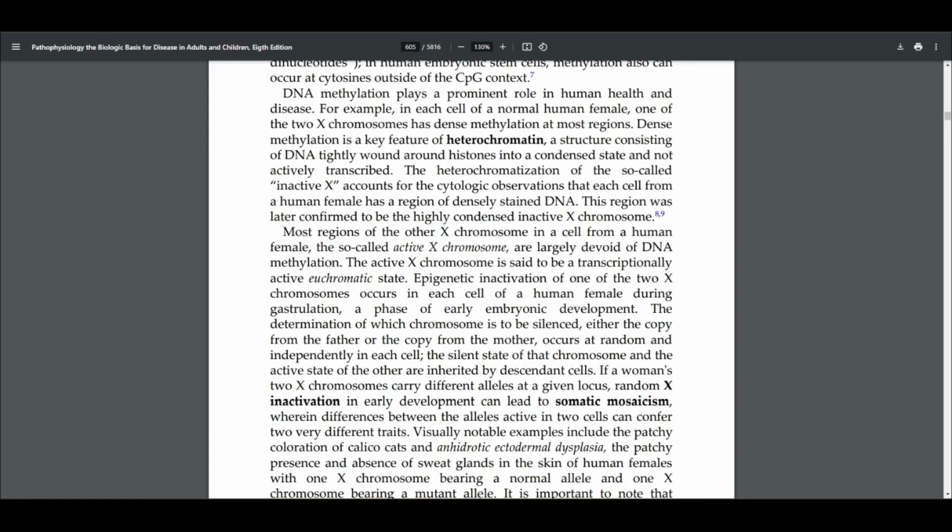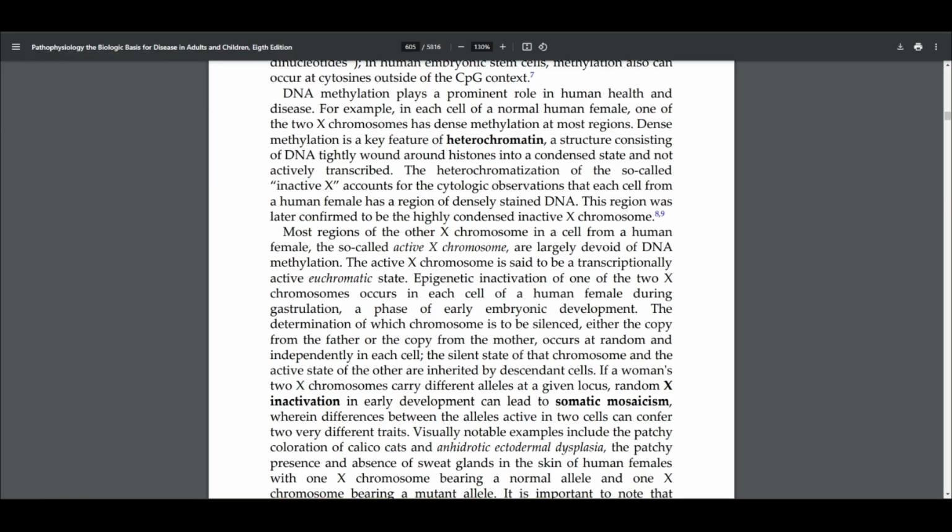DNA methylation plays a prominent role in human health and disease. For example, in each cell of a normal human female, one of the two X chromosomes has dense methylation at most regions. Dense methylation is a key feature of heterochromatin, a structure consisting of DNA tightly wound around histones into a condensed state and not actively transcribed.